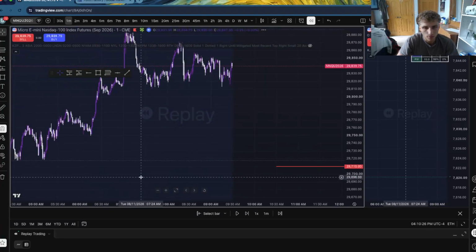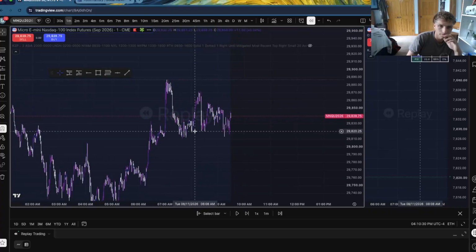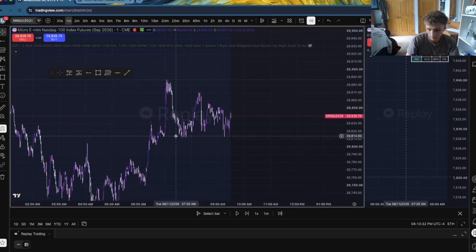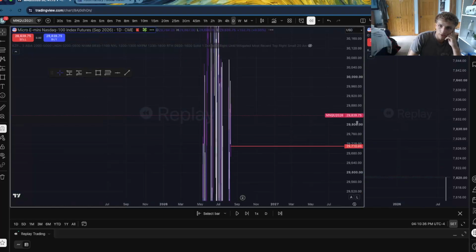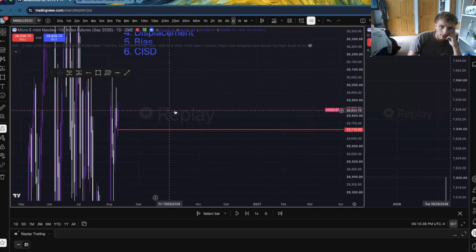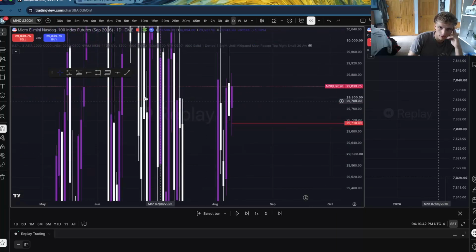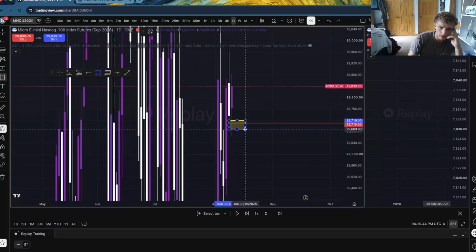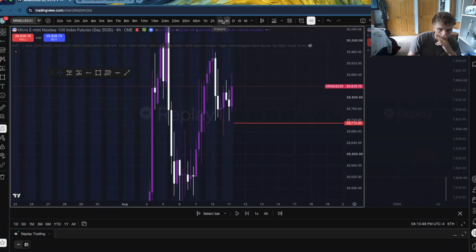Okay, so how would I find bias? If I'm looking at this, first off, I'll go through the daily and look for fair value gaps, basically all through here. And I'll ask, are we bearish or bullish? On the daily, we have this gap to the outside. But let's go into the 4 hour.